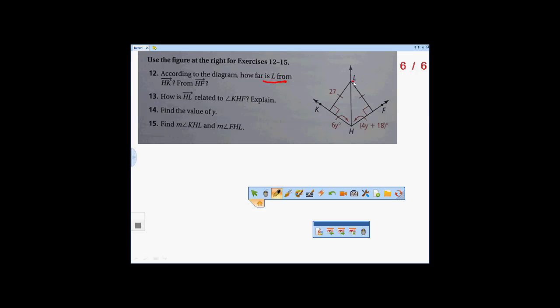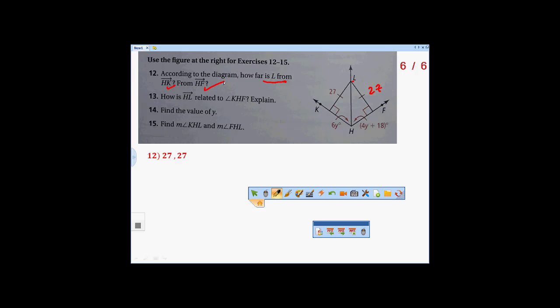HK is here. Far means the perpendicular distance between L and HK. Yes, 27, right. And also, from HF, I have these two sides are equal. LK is equal to this side, right? It means it's equal to 27 also. So the distance of L from HK is 27, and from HF also is 27.